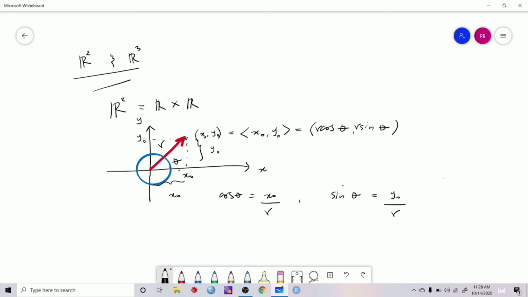So x naught gives you r cosine of the angle, while y naught is r times sine of the angle.